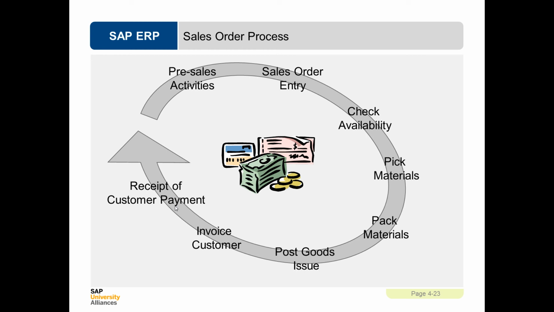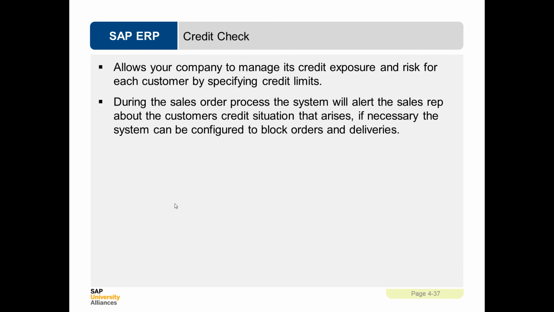But there's one that I would like to go to right now that I want to talk about in more detail, and that has to do with the credit check process. So if you'll bear with me, we'll go to slide 37 and talk about the credit check in more detail.